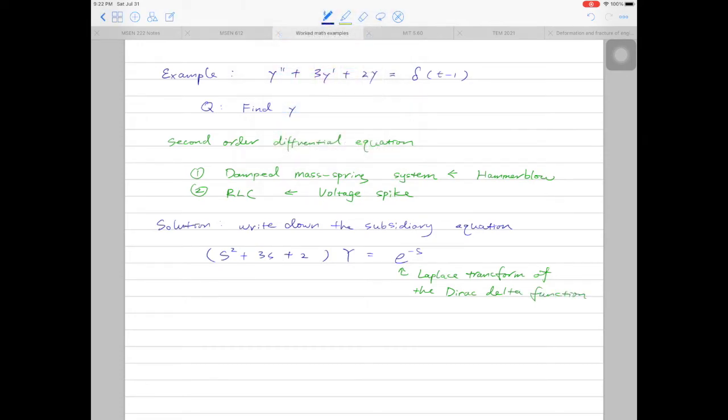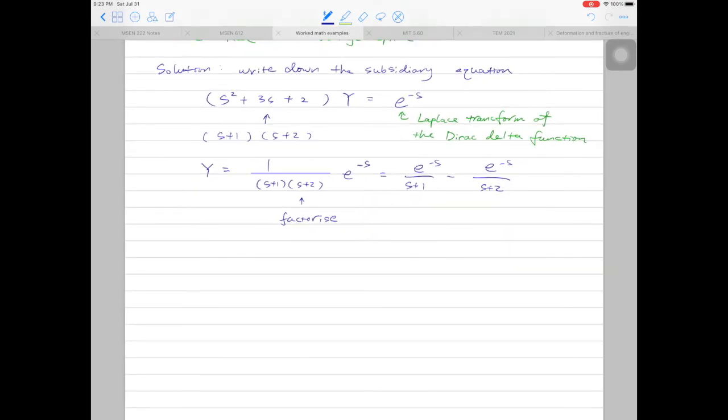On the left-hand side of the equation, s squared plus 3s plus 2 can be broken down into (s plus 1) multiplied by (s plus 2). Rearrange the equation. Factorize what we have here. Then perform inverse Laplace transformation.